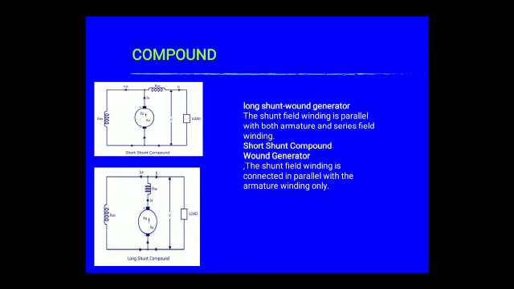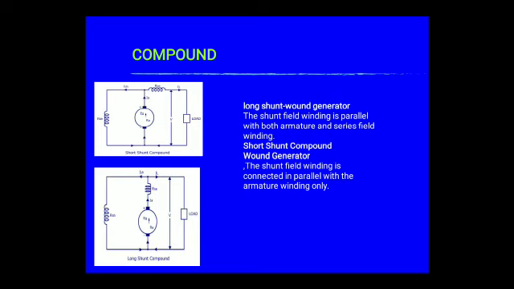Now the compound generator. So there are mainly two types of compound generator. One is long shunt, one is short shunt. In case of a long shunt generator, the shunt field winding is parallel with both the armature and the series field winding, and in case of a short shunt compound generator, the shunt field winding is connected in parallel with the armature winding only.